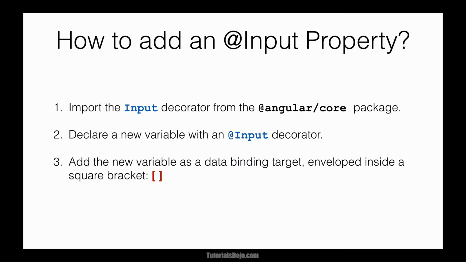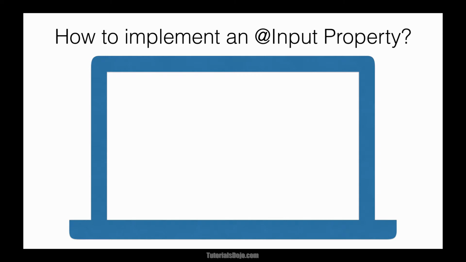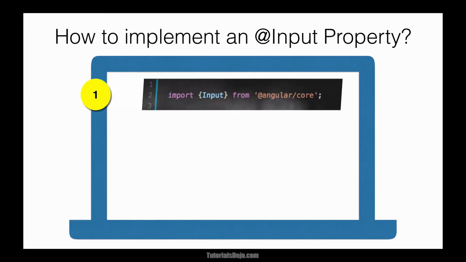Let's make an example over here to help you understand. For instance, you want to add a new input property called title to your stock component. First, import the Input decorator from the @angular/core package, in which the Component, Directive, and other commonly used decorators are also in.